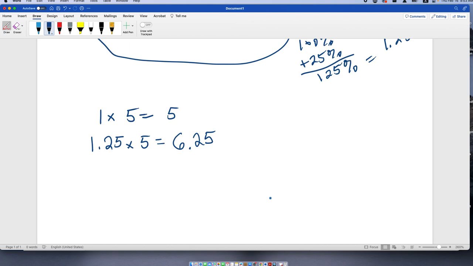So what would happen if we multiply by 0.75? Will we get bigger? Smaller. We oftentimes think when I multiply, I get bigger, but in this case, because the number is less than 1, we actually get smaller.